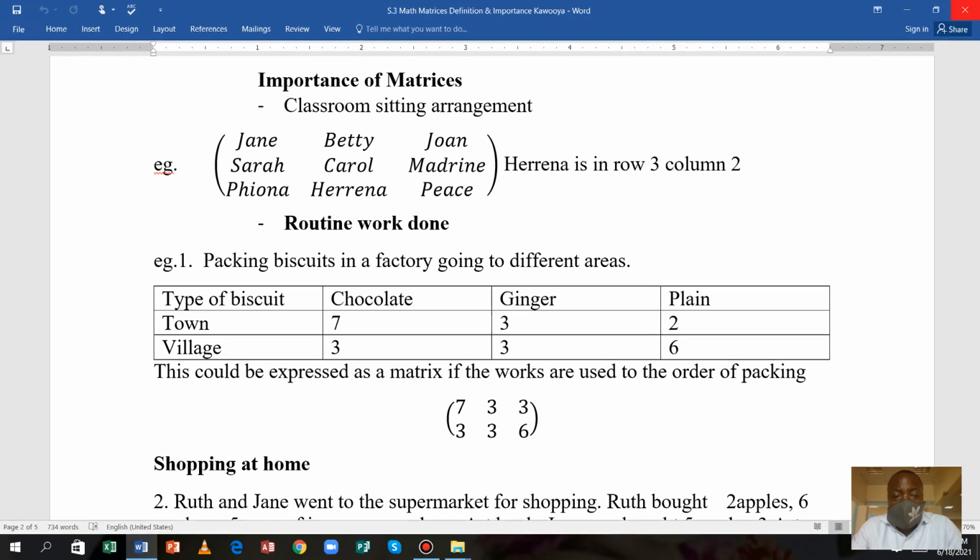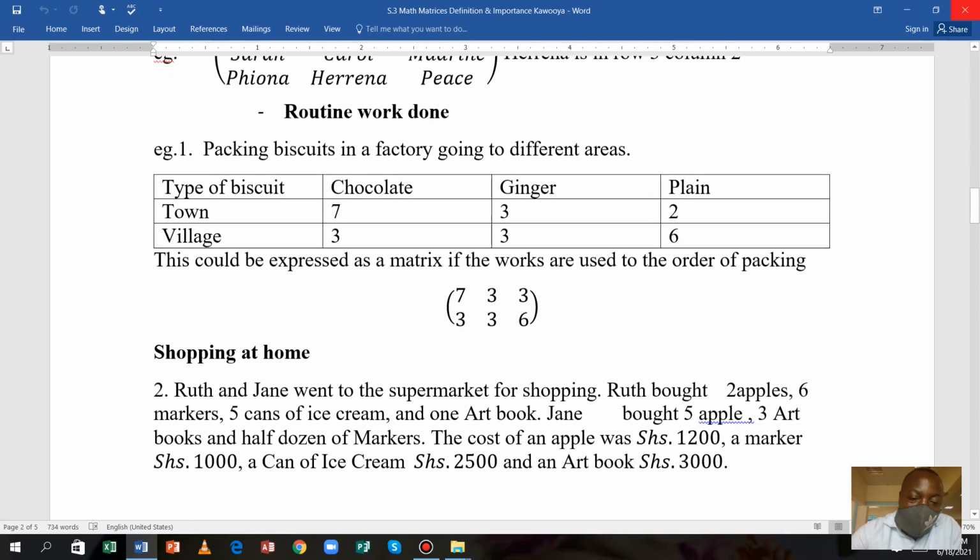So if the workers are used to the trays where the first is chocolate, second Jinga and the third is plain, we can put the packing order in matrix form, a 2 by 3 matrix, meaning the first row represents town, the second row represents village.